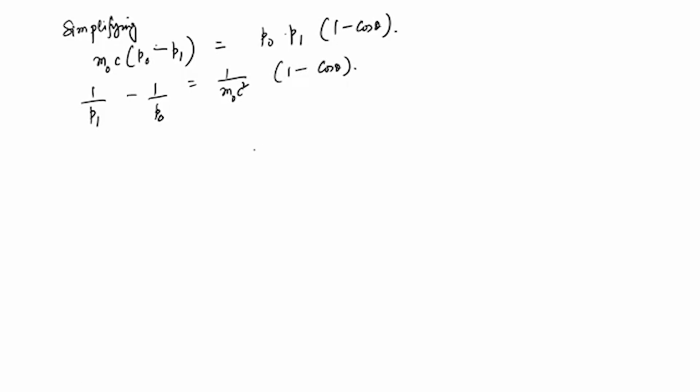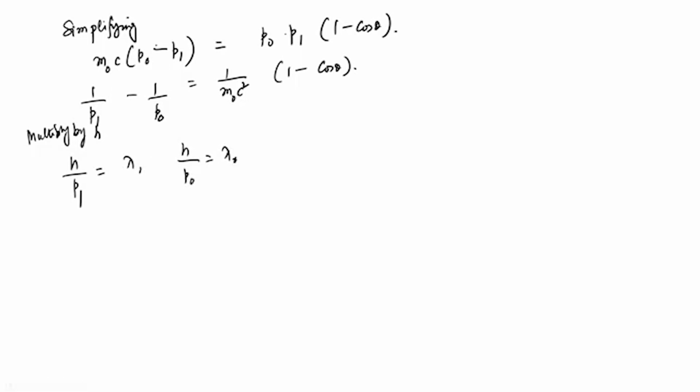If you multiply by h on both sides, and recognize that h over P1 is lambda 1, or lambda prime, and h over P0 is lambda 0, which we call lambda.